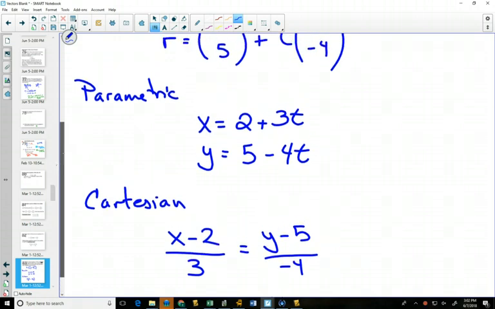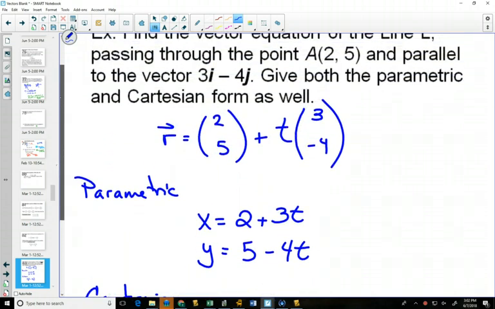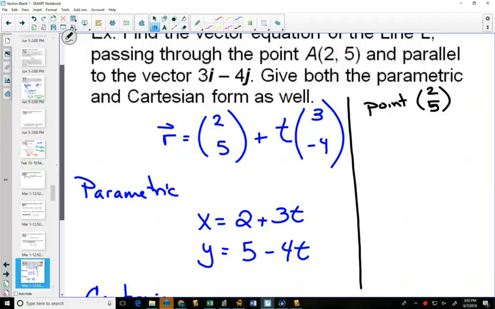Okay? And now, right beside all of this, we're going to do some grade 10 math. So if you have the point, can't even write points in grade 10 anymore. Here we go. There we go. 2, 5.